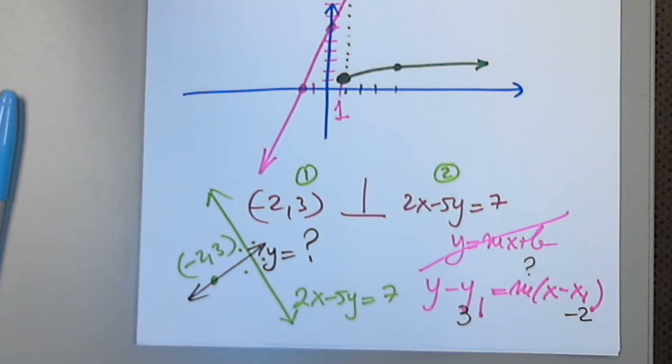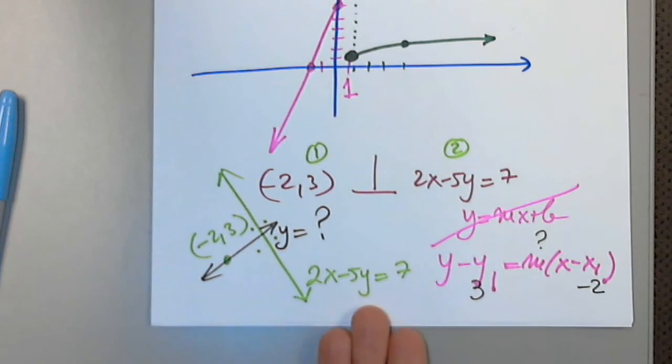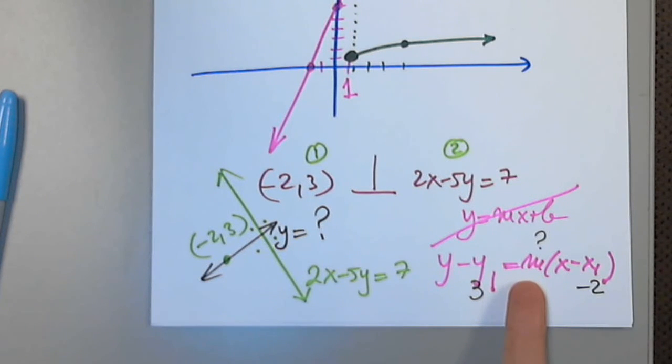Awesome. So then maybe there is a way of finding the slope of the green line. Because if there is a way, then I can find the slope that I'm interested in, which is this. So what should I do? Yes, I have the green equation. What do I do to it? Exactly. Perfect answer.